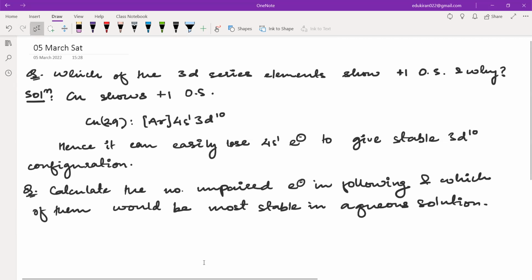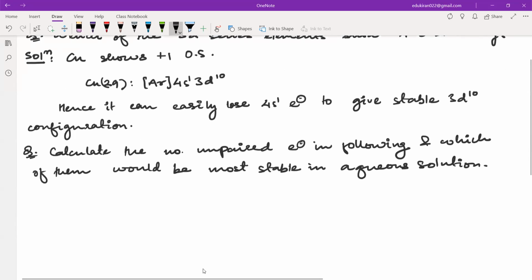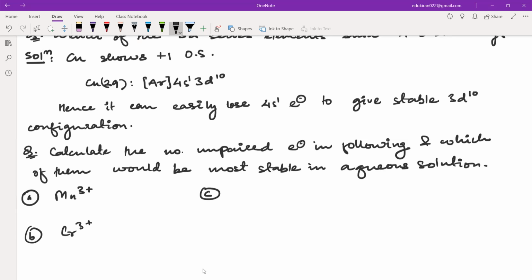I'm giving you some ions. You will have to calculate how many unpaired electrons are there in Mn3+, then write Cr3+, then vanadium 3+, and then Ti3+.